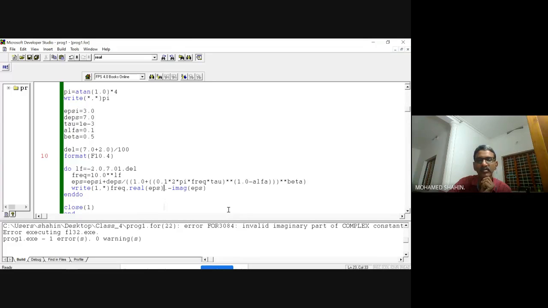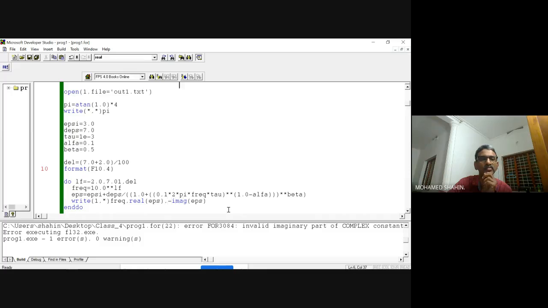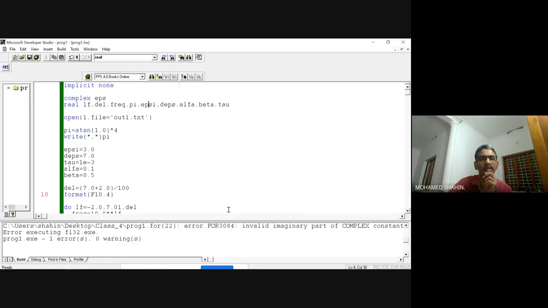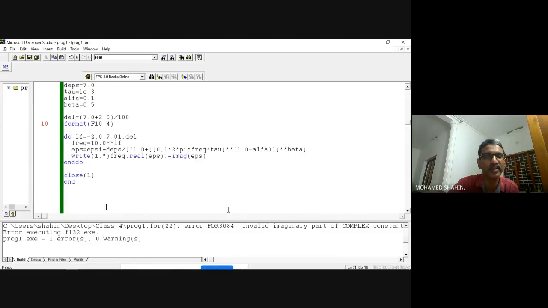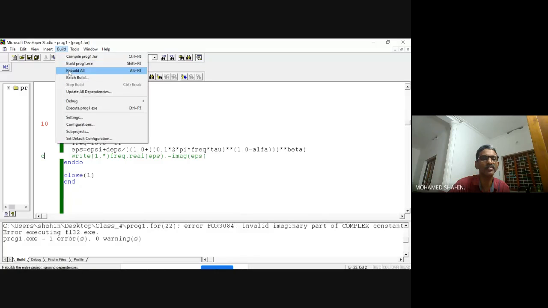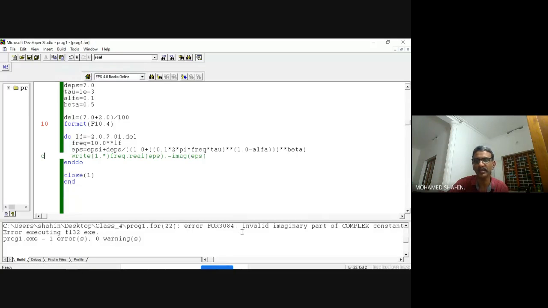EPS we have defined EPSI delta epsilon divided by, okay. In that case what we have to do is we do like this, we complement it, we put mark C, rebuild all, again invalid imaginary part of complex constant.